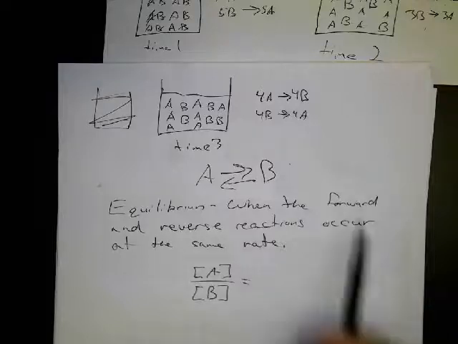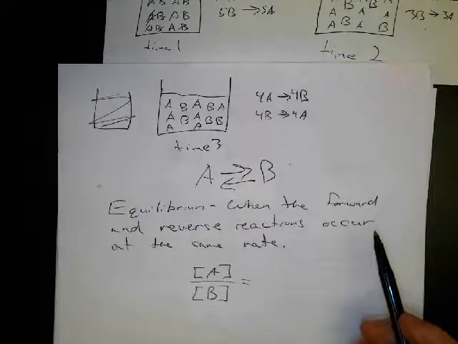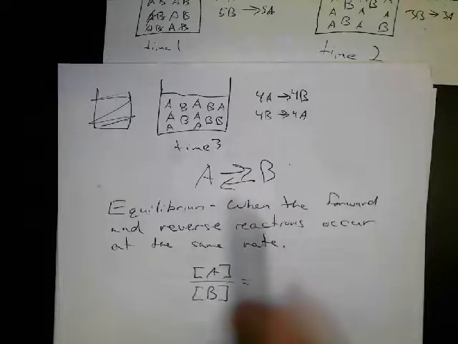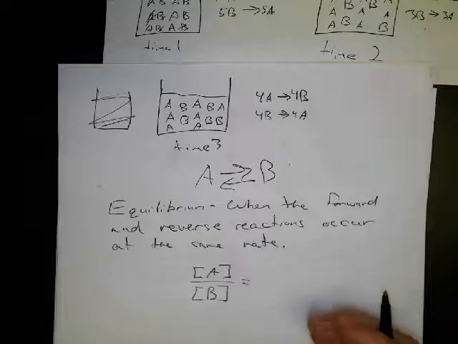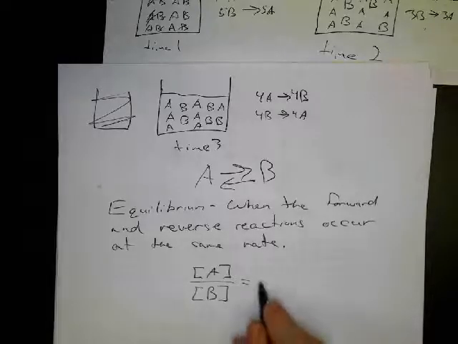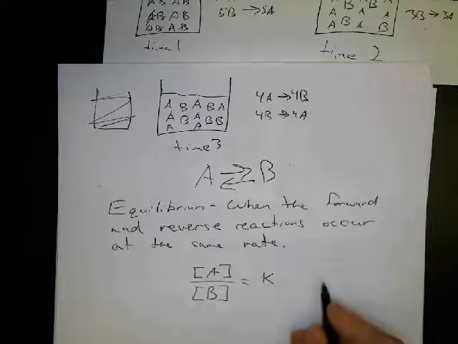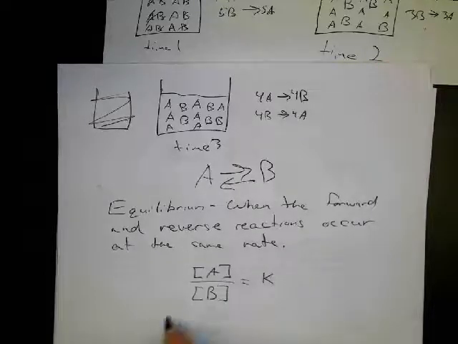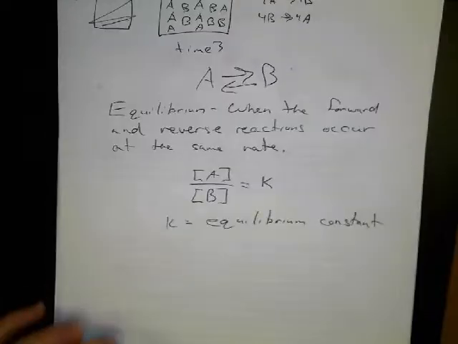It's not dependent on any other factor other than that forward and backward rate eventually coming to the same speed. And so what we do is we say that this divided out will come to some constant K. We'll call that K the equilibrium constant. Oops, I'm writing off the page. K is the equilibrium constant.